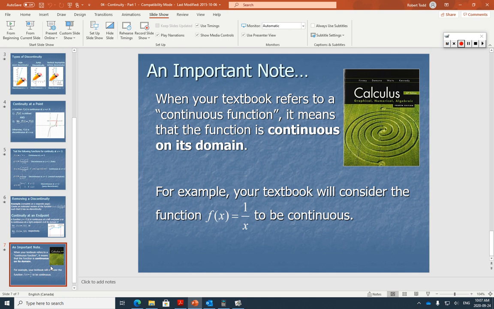They think 1 over x is continuous on its domain. Because they go, well, yes, it's continuous everywhere. And you say, well, what about x equals 0? Well, that's not in the domain, so we don't care about that. And that's the approach they take. Okay? It comes up very rarely in the homework, and I carefully avoided this issue on the test. I just won't ask questions that put you into that distinction.